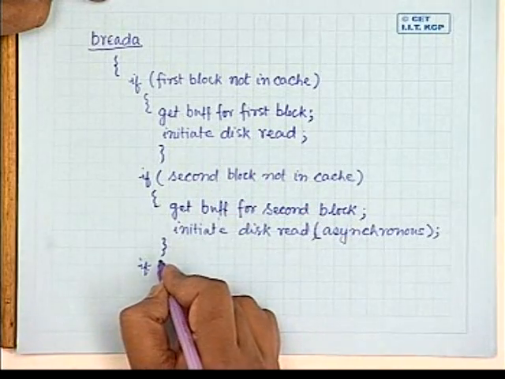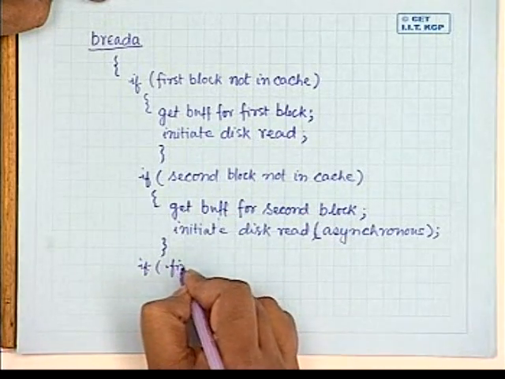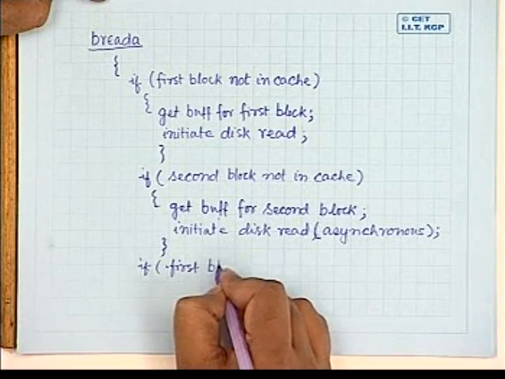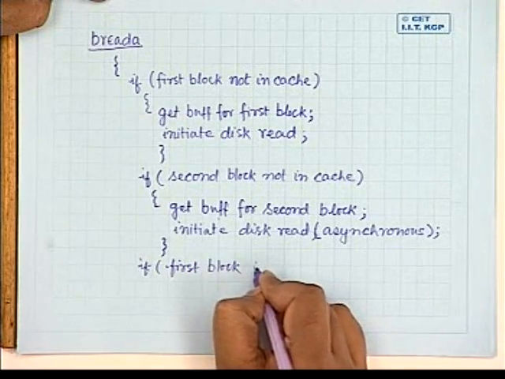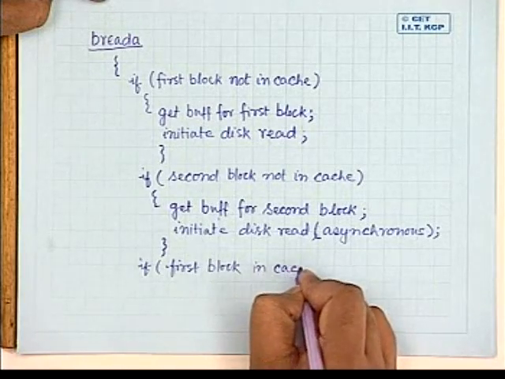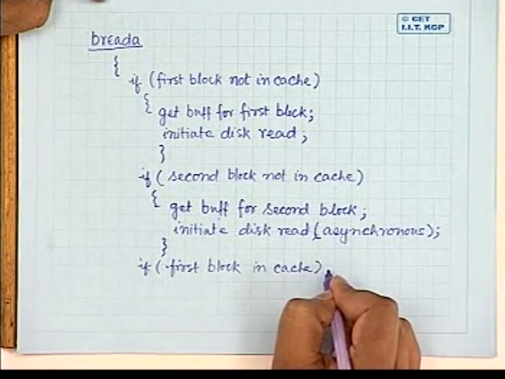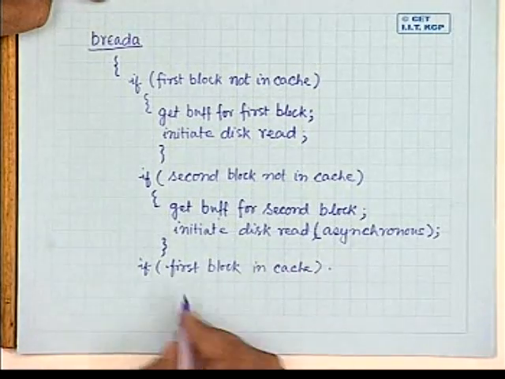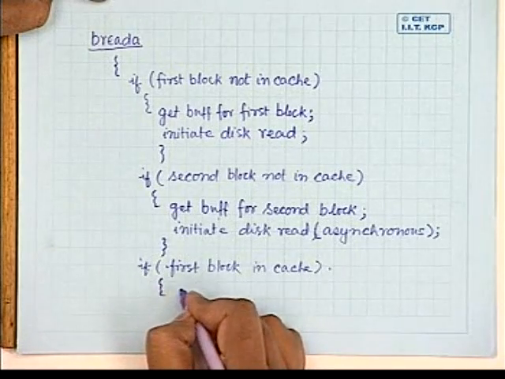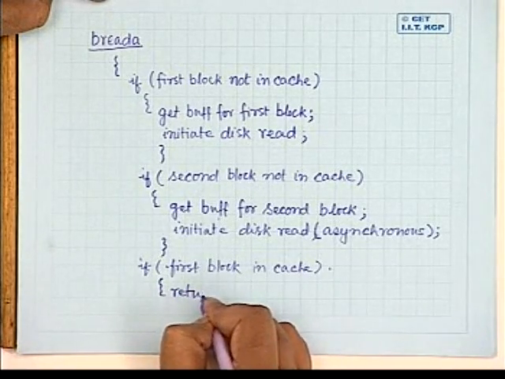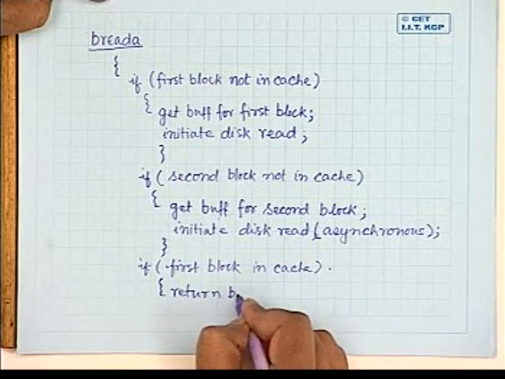Here we check if the first block is in cache, then what we do is return buffer.